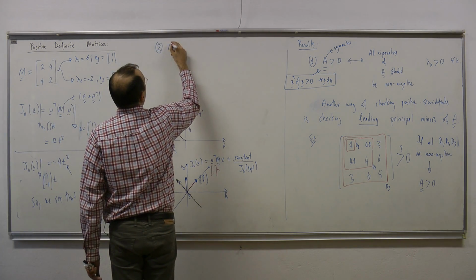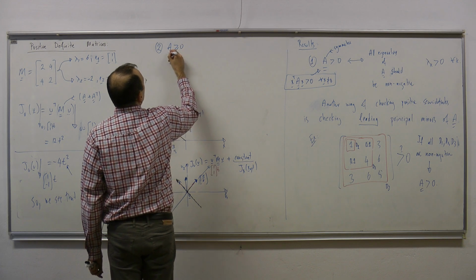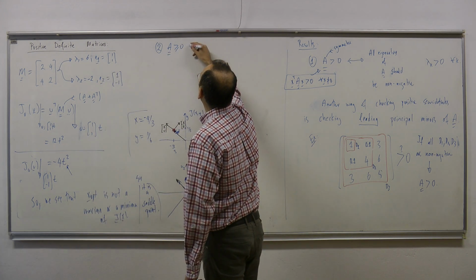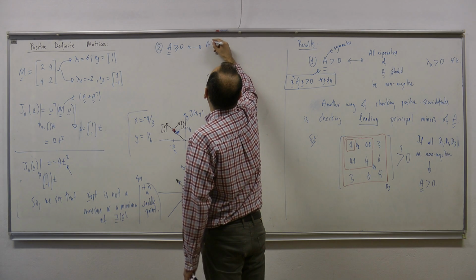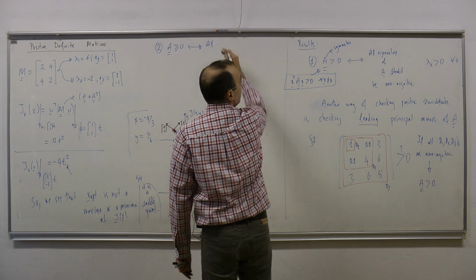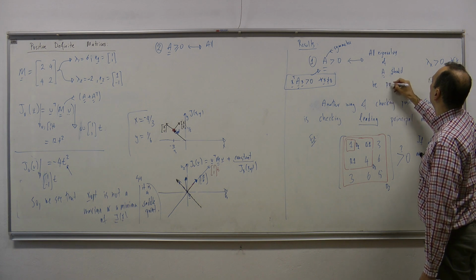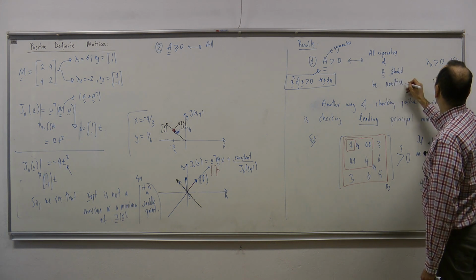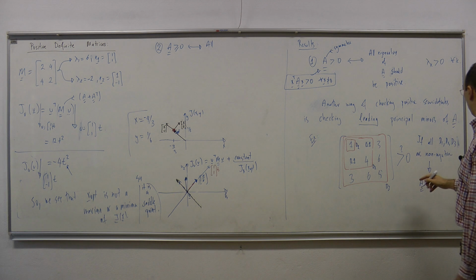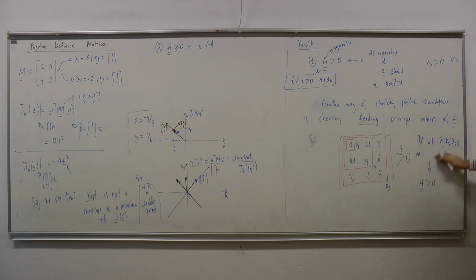Number 2: A is positive semi-definite if and only if all eigenvalues should be positive. Sorry for this mistake, but lucky that we caught it.